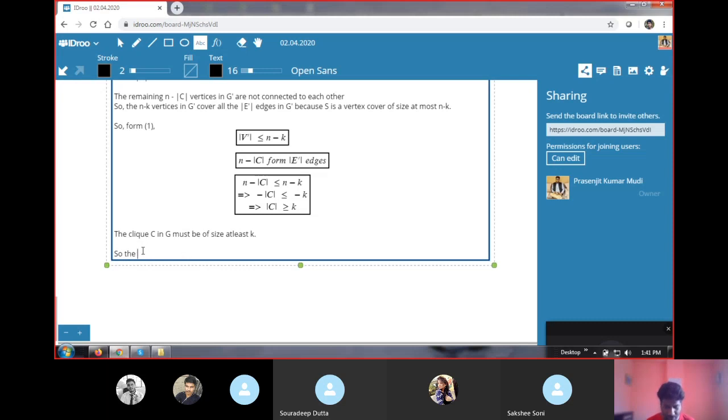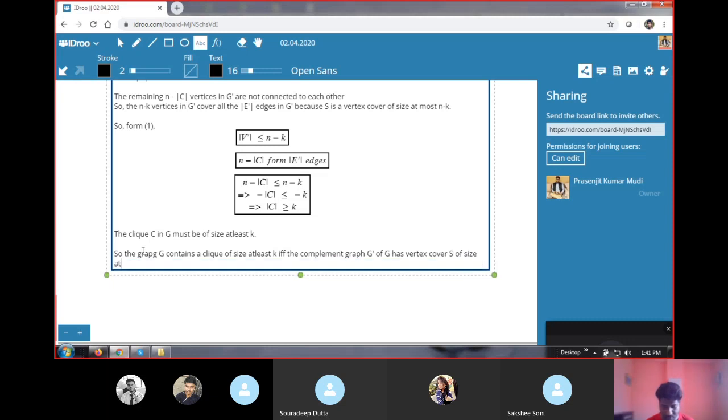So the graph G contains a clique of size k if and only if the complement graph G dash of G has a vertex cover of size at most n minus k. So this is proved.